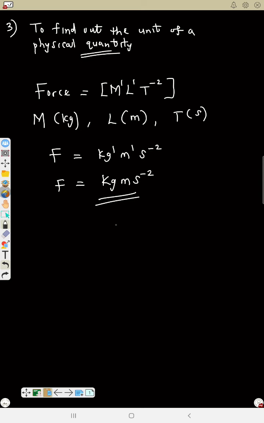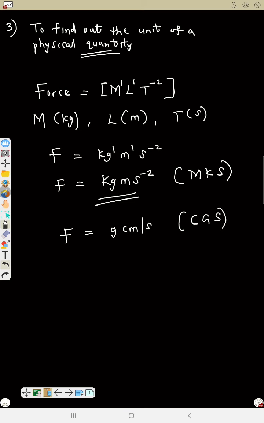If it is the CGS system, that is centimeter, gram and second, so force will be gram centimeter per second square.